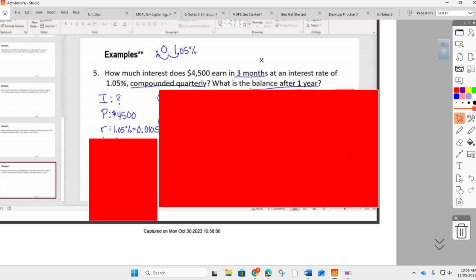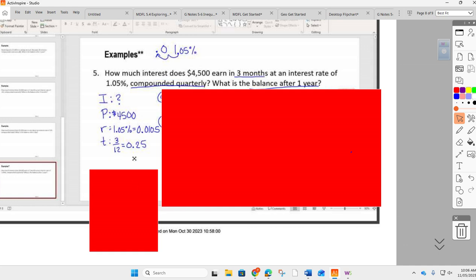It's easy, easy. So the rate as a decimal is 0.0105. And then if it's being compounded quarterly, it's being compounded 4 times, it's 0.25. It's being compounded every 3 months.